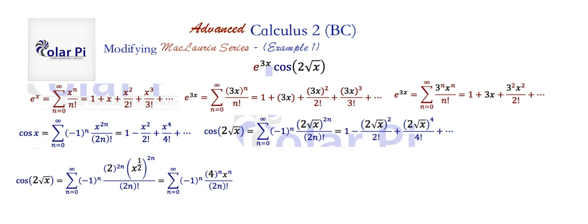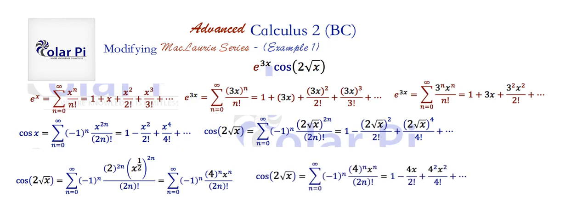Now, where to from here is the question. Well, if we show the simplified version of the term by term of the cosine 2 root x Maclaurin series, it'll look like this. Now, we've got the cosine 2 root x Maclaurin series. We've got the e to the 3x Maclaurin series right here in their most simplified form. So how are we going to make the Maclaurin series for e to the 3x times cosine 2 root x?